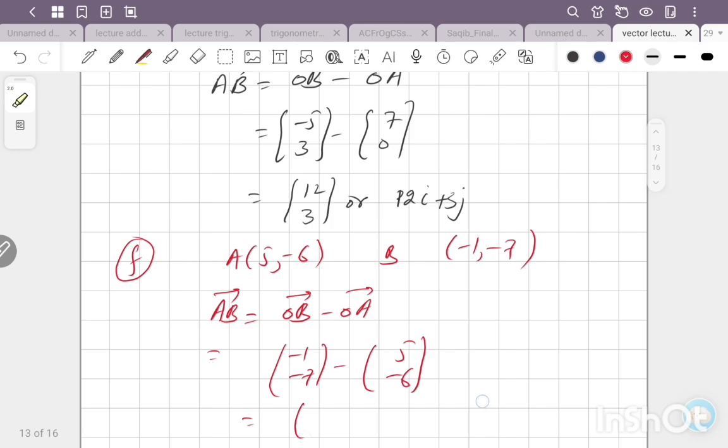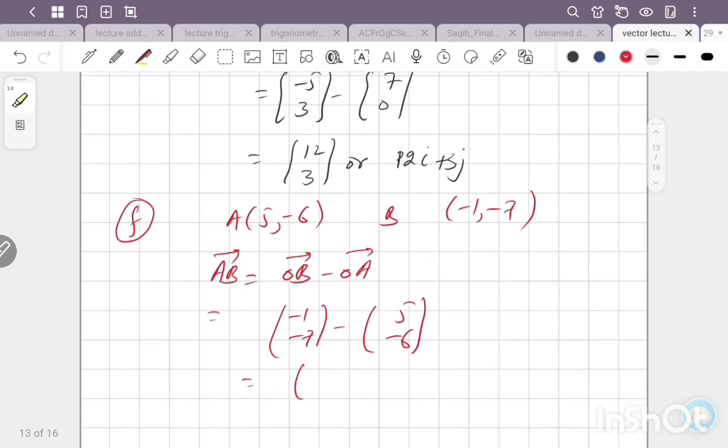So we get minus 1 minus 5, which is minus 6, and minus 7 minus minus 6, which is minus 7 plus 6, it will be minus 1. So we got the answer: minus 6i minus j. Hopefully dear friend you can understand this question.